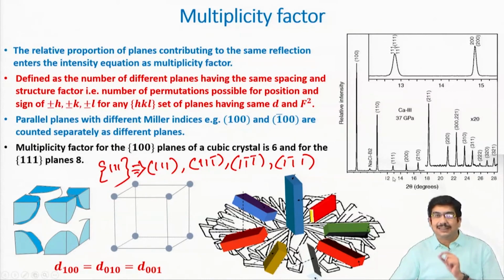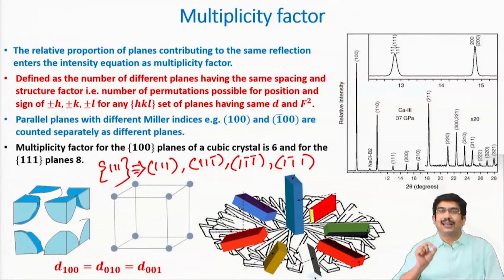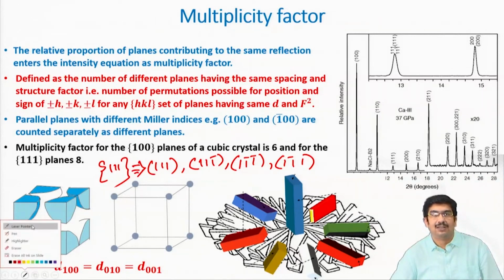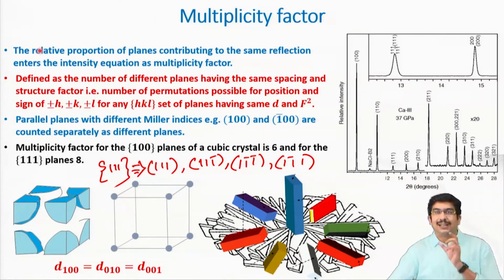Now, how do I take care of this multiplicity, or the number of planes possible in a family of planes? That factor is known as the multiplicity factor. It is the relative proportion of planes contributing to the same reflection.